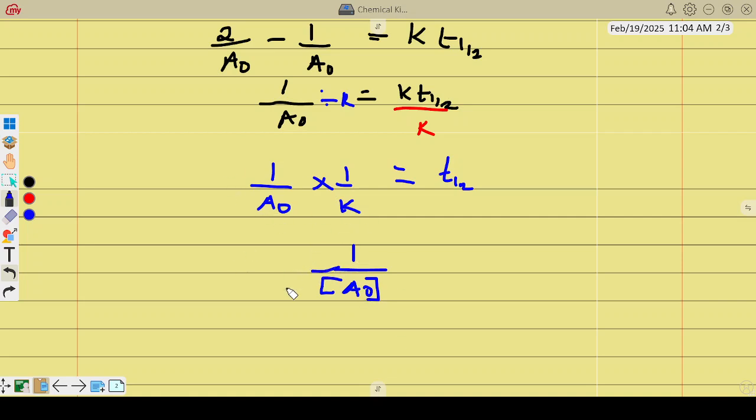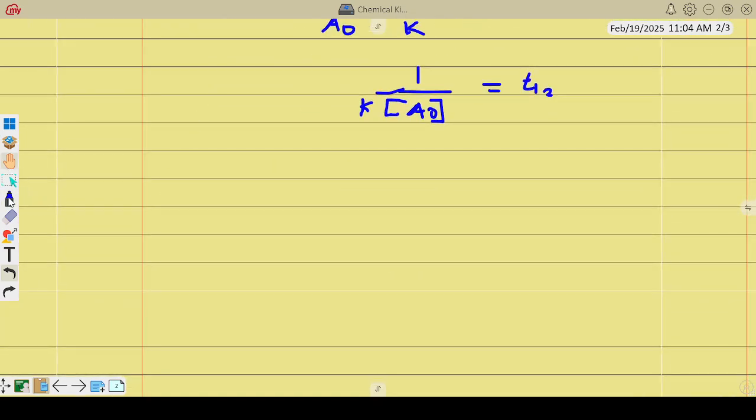So K times A naught, we write the K outside there. So this is the half-life. So the half-life is 1 over K and A naught.